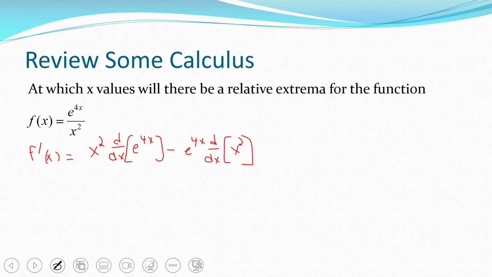People say this as low d high minus high d low, which is kind of gibberish, but that's okay. It's a way for people to remember it. And then it's all over the denominator squared.